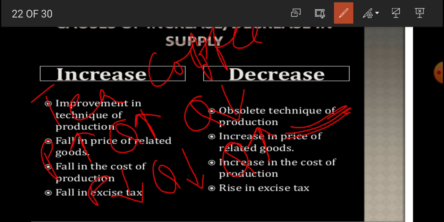Whenever there is increase in taxes, there will be increase in cost and reduction in supply. Because we want to discuss here the case of increase, that's why there is reduction in excise tax or indirect taxes, reduction in production taxes, because indirect taxes are the taxes which are imposed on production. जो भी taxes production पर लगते हैं उन्हीं का ही cost पर effect आता है. Clear?